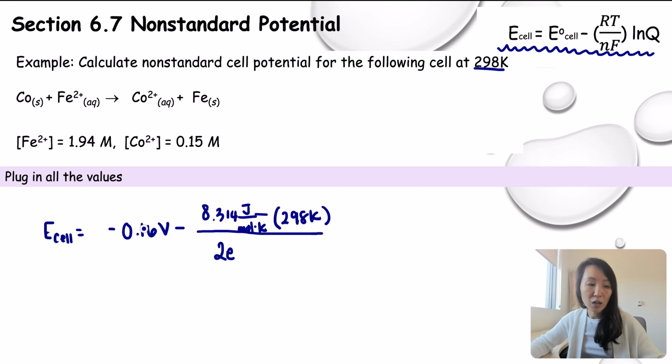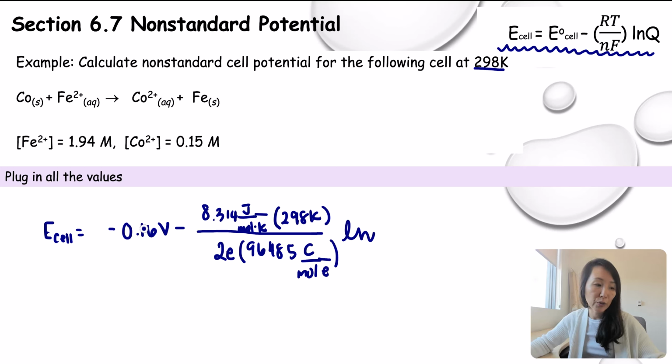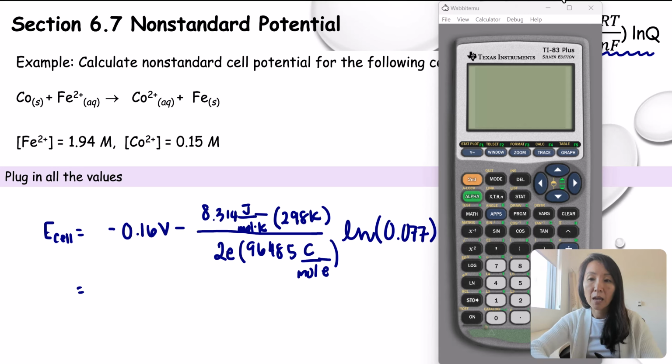Now, Faraday's constant is something you should already know: 96485 coulombs per mole of electrons. And then we have ln of Q, and Q was 0.077. We're going to calculate this out and see what we get for E cell. Let me take care of the right side of the equation first.